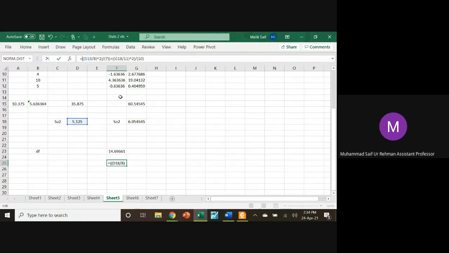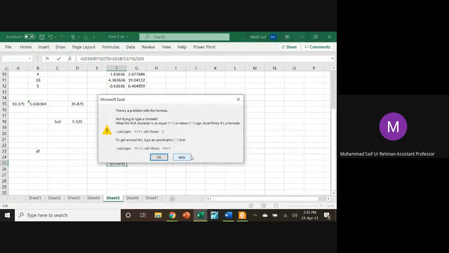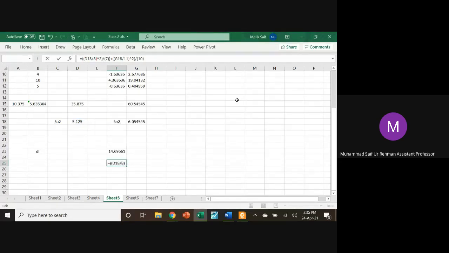Let me check the braces. Okay, if it is not working and there is some issue, so what can best you do?